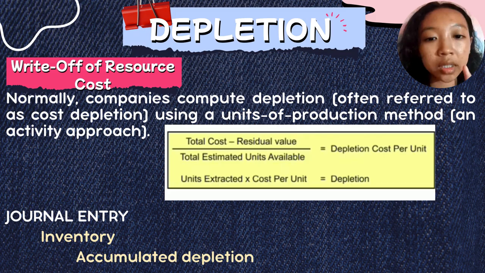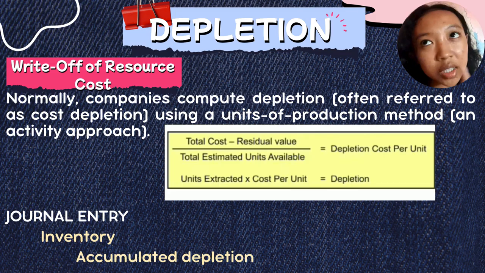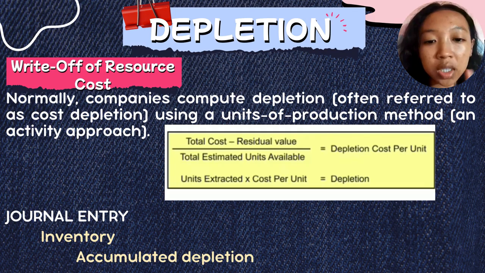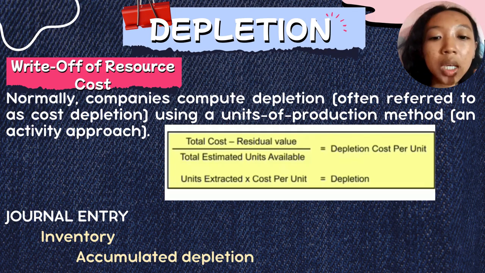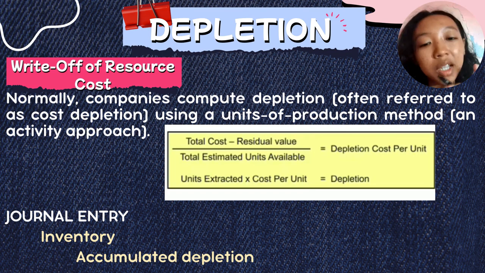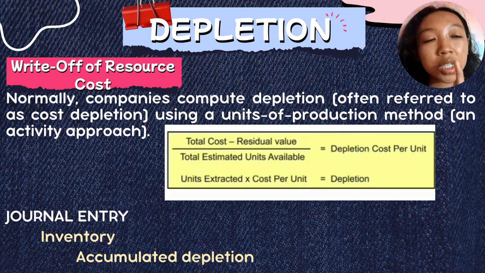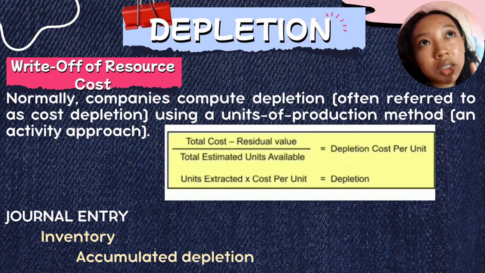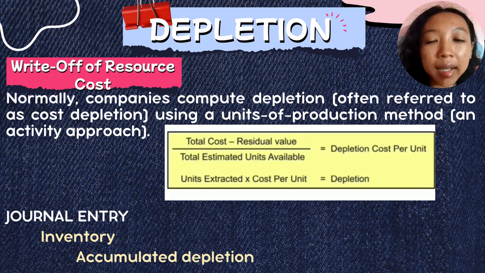If we want to get the depletion, we use units extracted multiplied by cost per unit, and then we get the amount of depletion. To journal the depletion, we need to debit inventory and then credit the accumulated depletion.